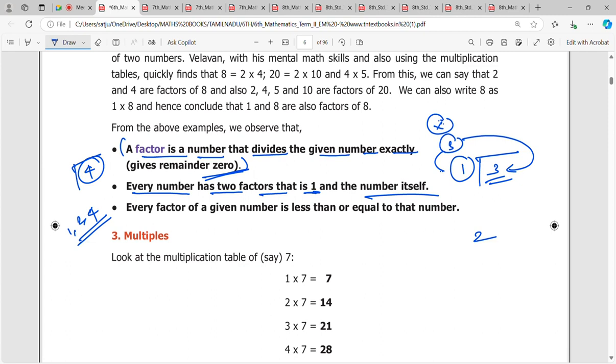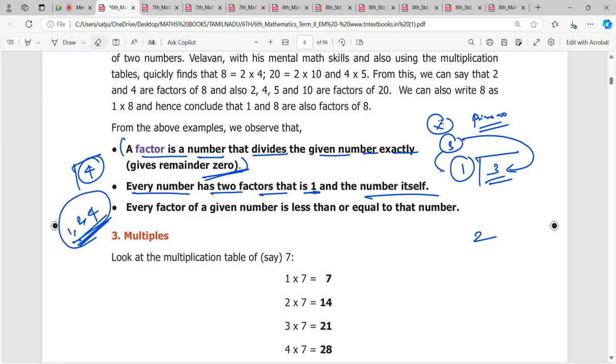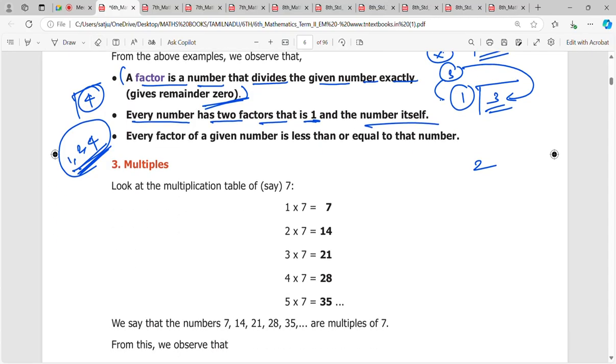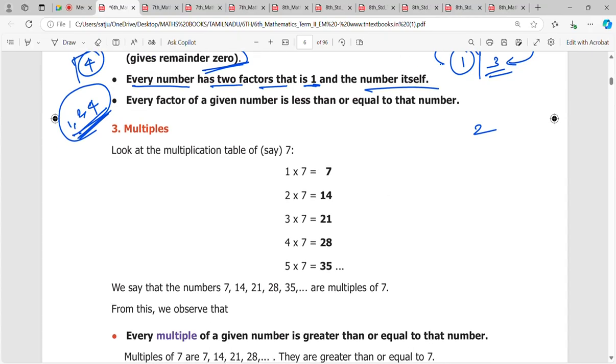If it has only 2 factors, then you can call that a prime number. If it has more than 2 factors, for example here 4, then it is nothing but a composite number. So this is the main difference between a prime number and a composite number. Okay, let us do this one.